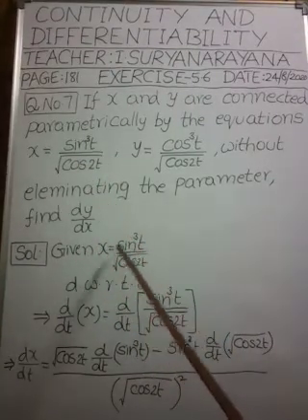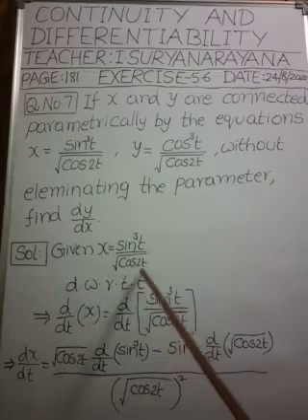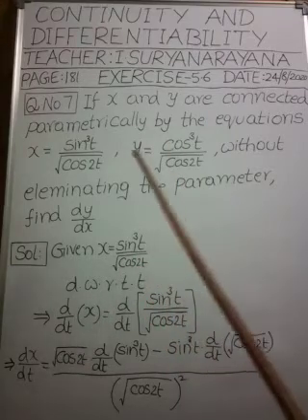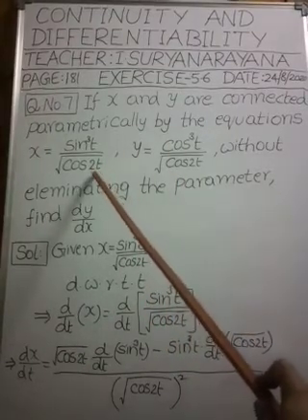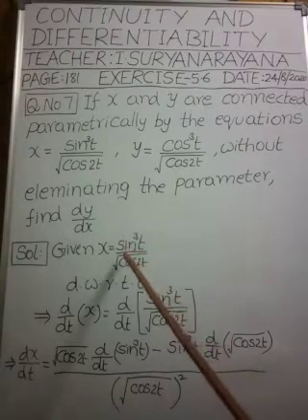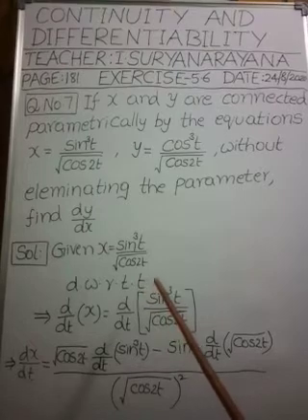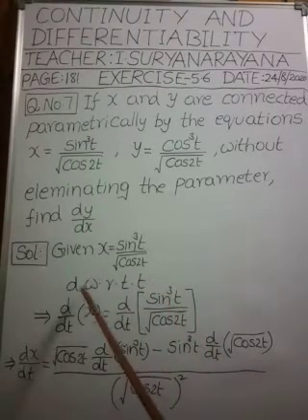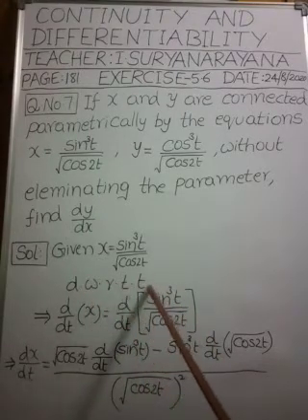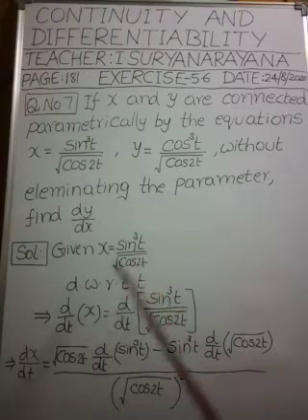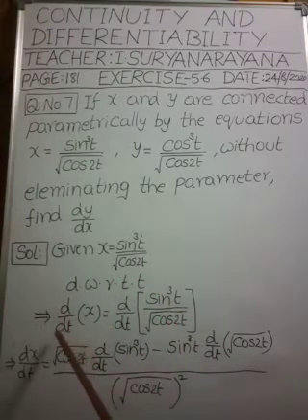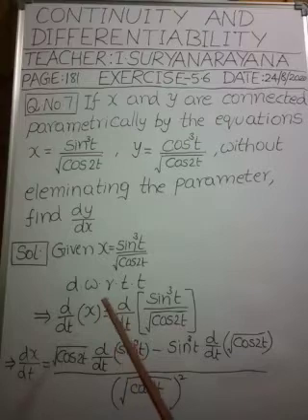Given x is equal to sin cube t by square root of cos 2t. First I am finding the differentiation of this equation. We have already found what the parameter is, so we differentiate with respect to t. This implies d by dt. What is the differential operator?